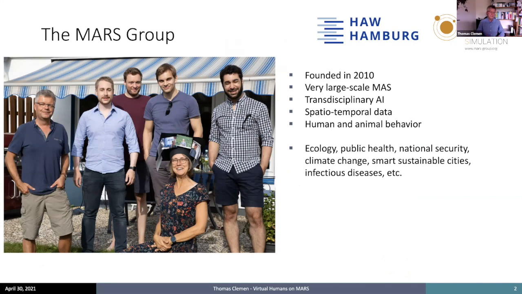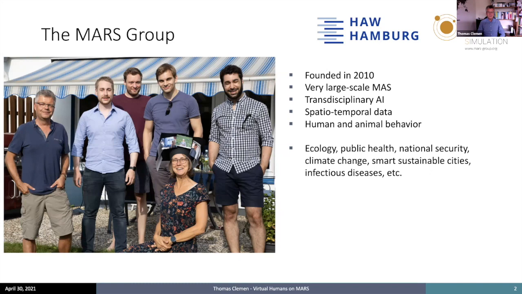Since a couple of years, we are moving toward transdisciplinary AI, so bringing AI power and value to different disciplines. Another focus of my research group is on spatial temporal data, and my specific research focus is on mimicking human and animal behavior.